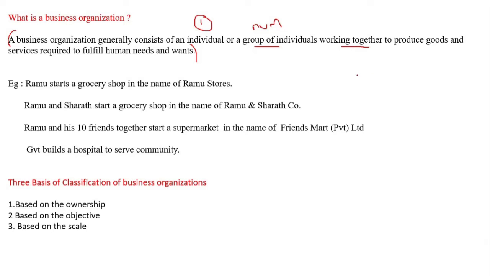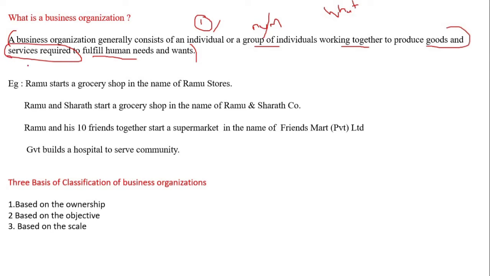Working together for what? To fulfill human needs and wants. How are they going to fulfill human needs and wants? By the way of producing goods and services.